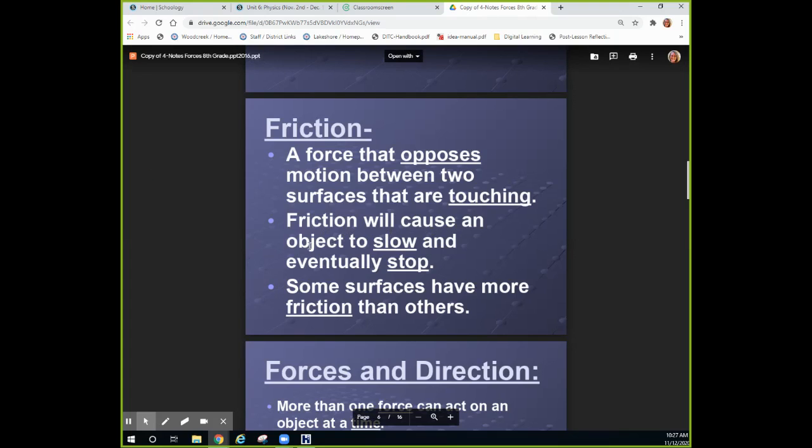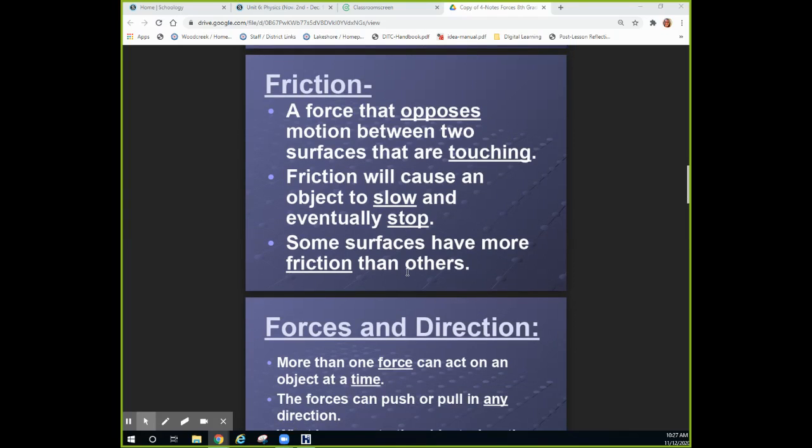Friction will cause an object to slow and eventually stop. So on a soccer field, when you kick the soccer ball, it will eventually stop due to the friction of the grass that is opposing the forward force of the ball. So when we kick a soccer ball, it's going to continue moving forward until the grass slows it down.